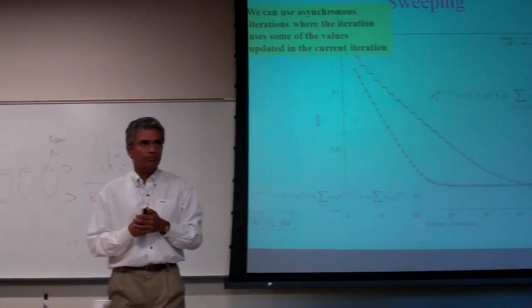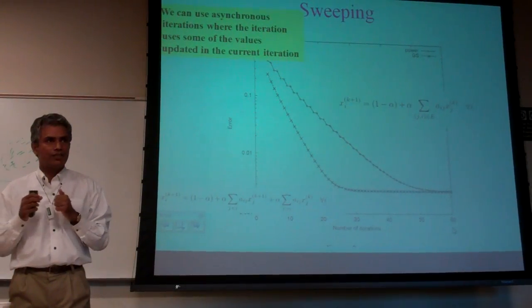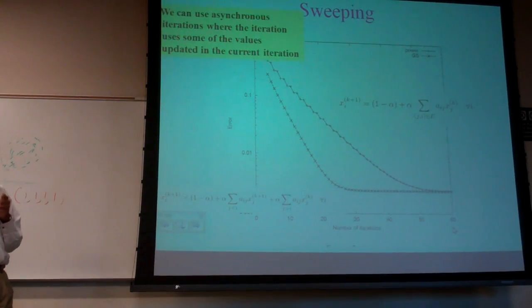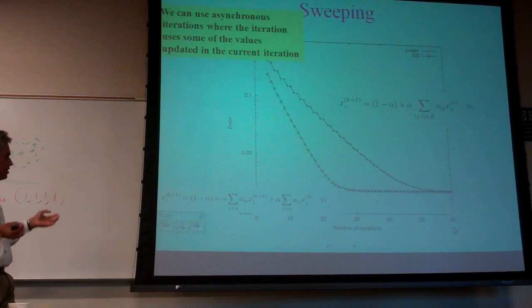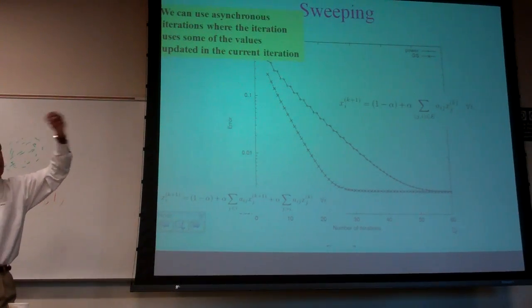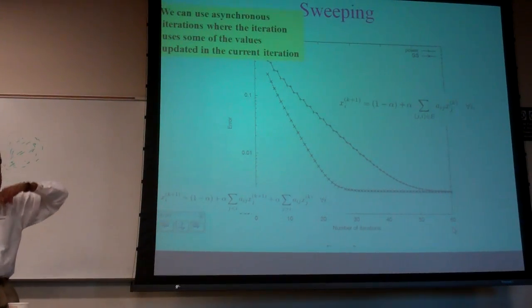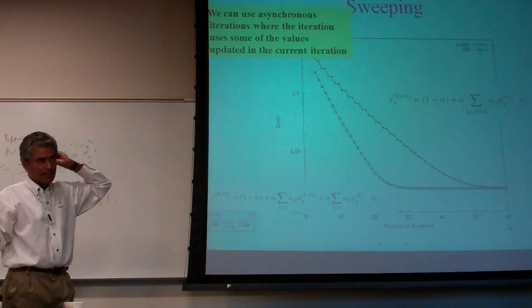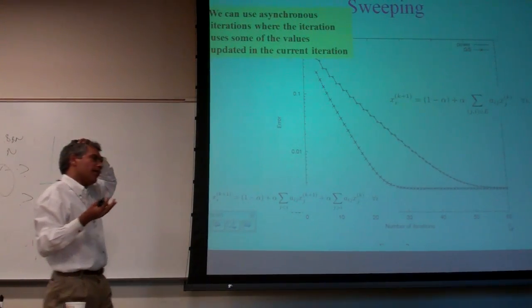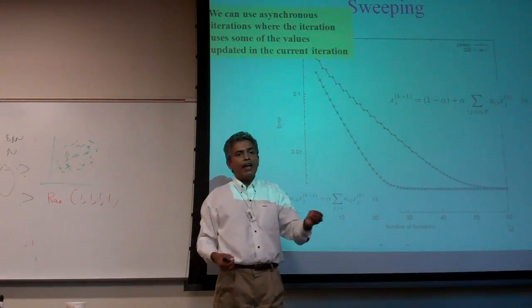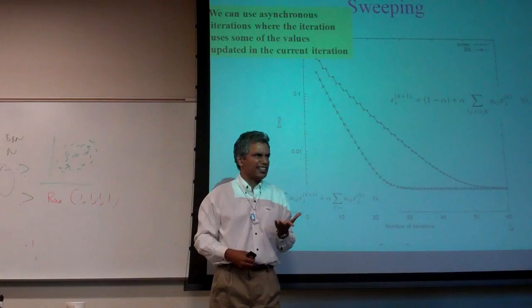Any questions? Yeah. For the first couple of iterations, you still need to load the entire set of pages? No, all I'm saying is, in the beginning all of them are 1 over n. After one full iteration, somebody will have a higher PageRank. So instead of thinking in terms of iteration to iteration, you can say which node should I update next.